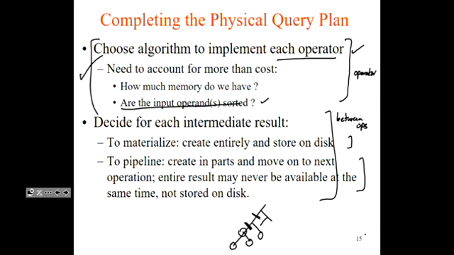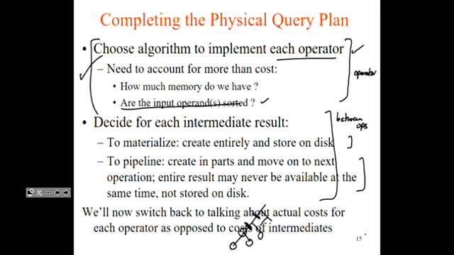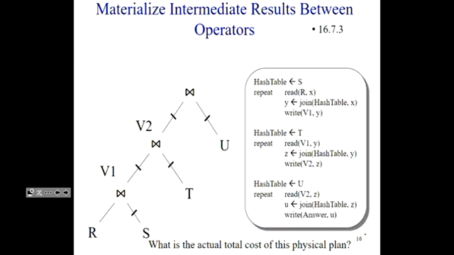Let's go to one example that I talked about in the previous class. Like I mentioned, we're going to be talking about the actual costs now that we've selected the best possible logical query plan. The next step is on actual costs for each operator, as opposed to cost of intermediates. We're switching back to physical implementations.